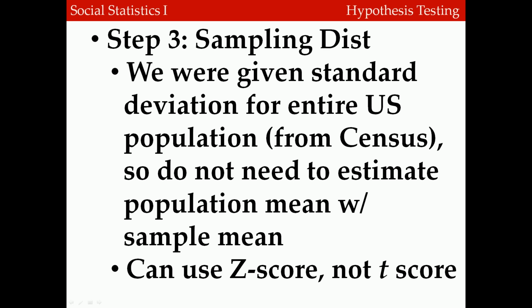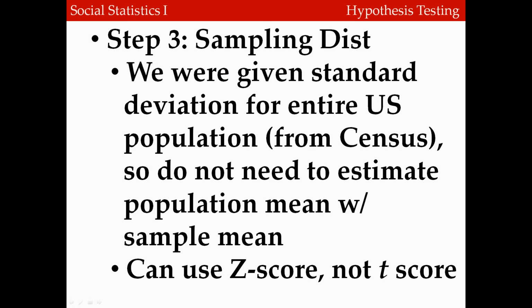Okay, now we have to choose a sampling distribution. And remember, the basis on which we choose a sampling distribution is whether the population standard deviation is given or not. And so in this question, we had the population standard deviation given from the census data. So we don't need to estimate it. That means we don't need to use the t-distribution. We can use the standard normal distribution.